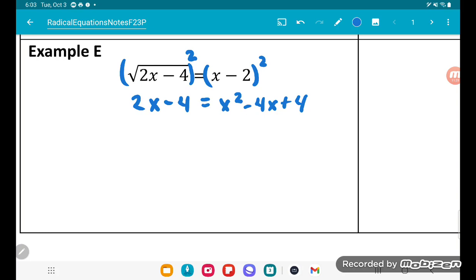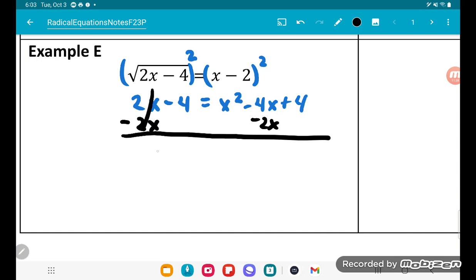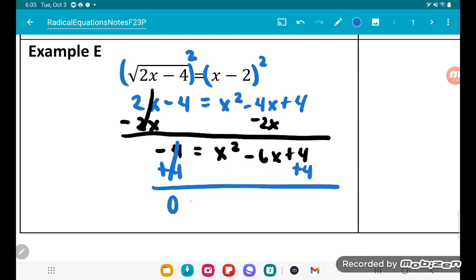From here, we're going to set the quadratic equation equal to 0. So first, subtract 2x from both sides. So negative 4 equals x squared minus 6x plus 4. Then add 4 to both sides. So 0 equals x squared minus 6x plus 8.